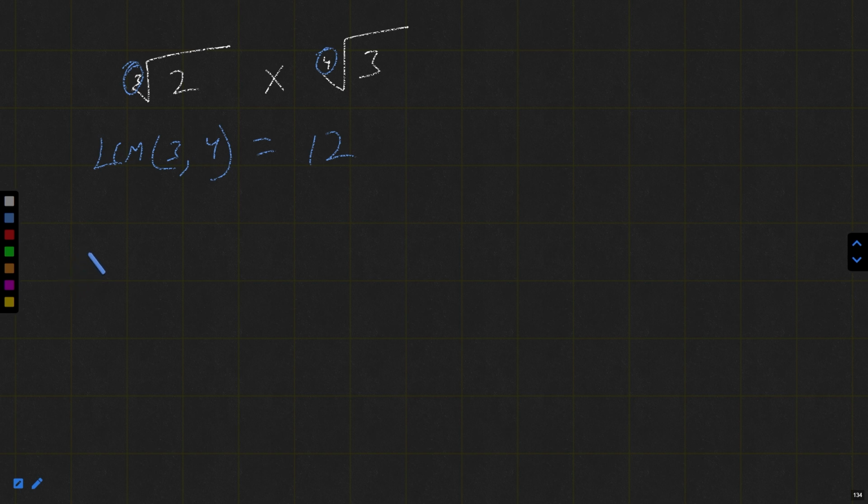So the law is that if the nth root of a is given, then I can rewrite it as the n times m-th root of a to the power m.